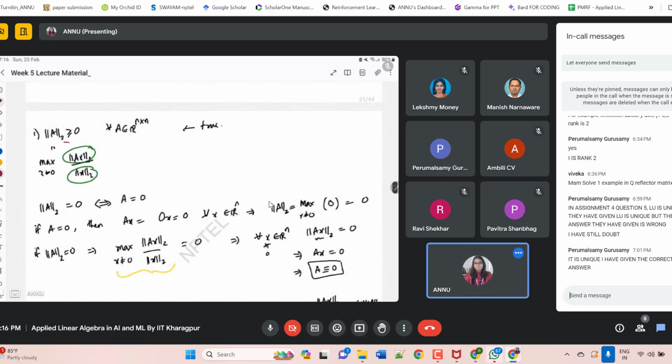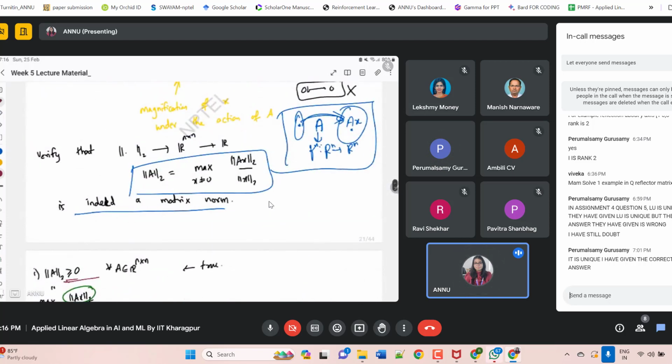First property. What is it? This. Have you ever wondered, whenever we write a function, what the physical significance of these things is? If you have this x vector and you are multiplying it with A, so you get the Ax vector, and now you are maximizing it.